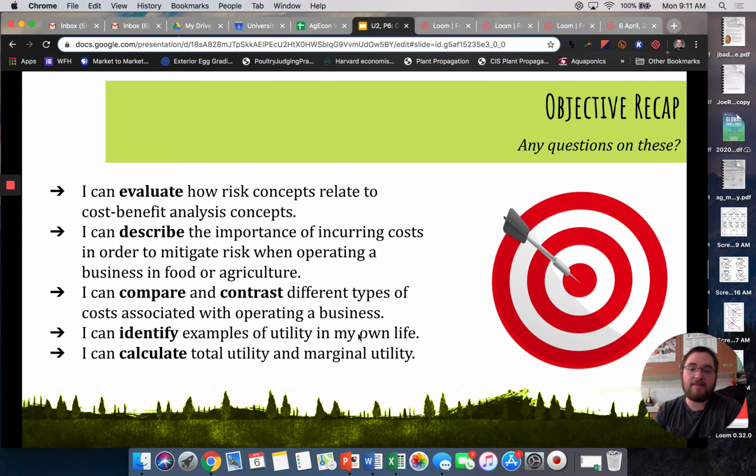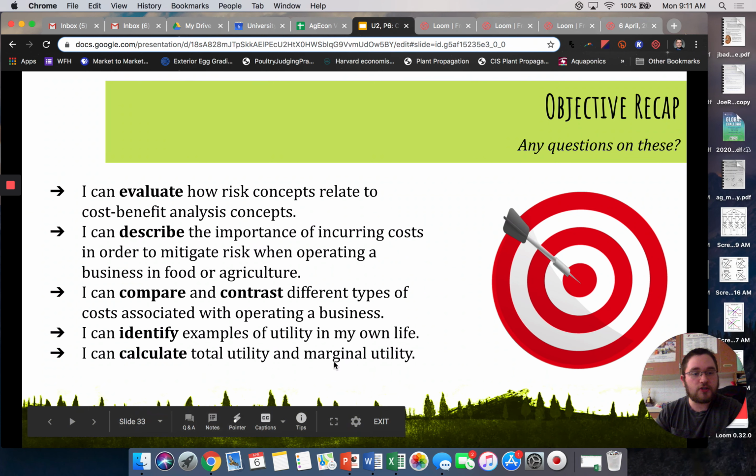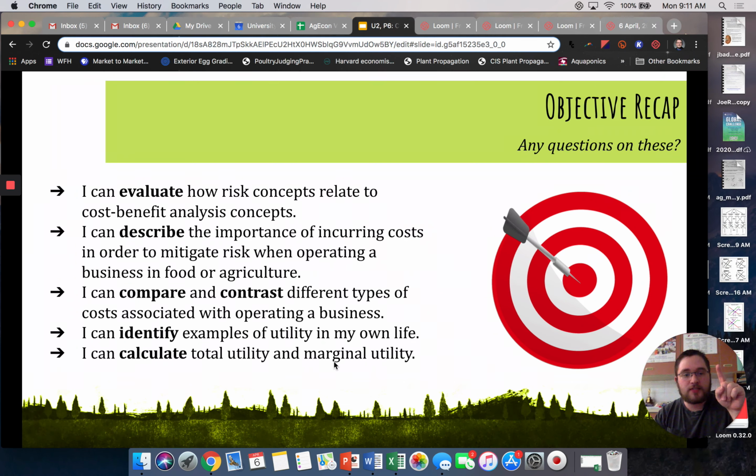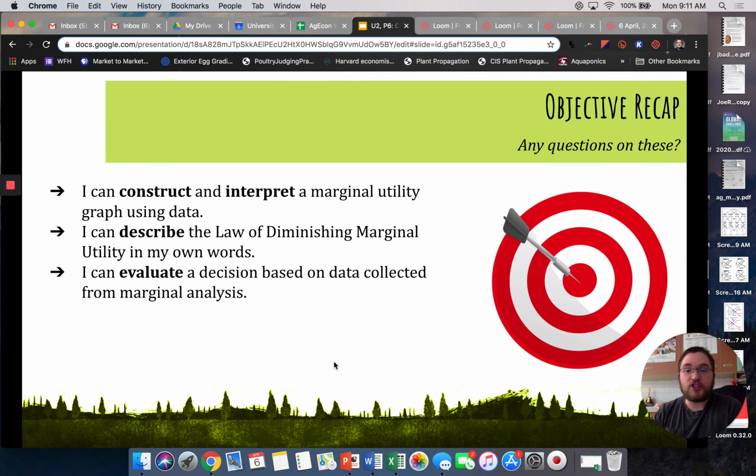Number 4, we can evaluate examples of utility in our own lives, going to an all-you-can-eat buffet. Number 5, calculating total and marginal utility. Remember, marginal utility, the formula is change in total utility divided by change in quantity. We can construct and interpret a marginal utility graph using provided data. Next one, we can describe the law of diminishing marginal utility or returns in your own words.